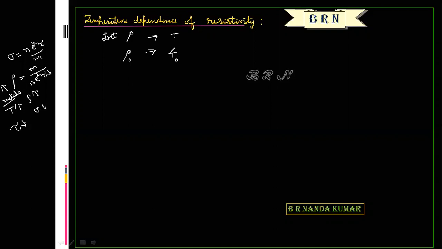So T naught is the lower reference temperature, usually 20 degrees Celsius. So what is the increase in resistivity? It's a very simple calculation. Increase in resistivity is rho minus rho naught.